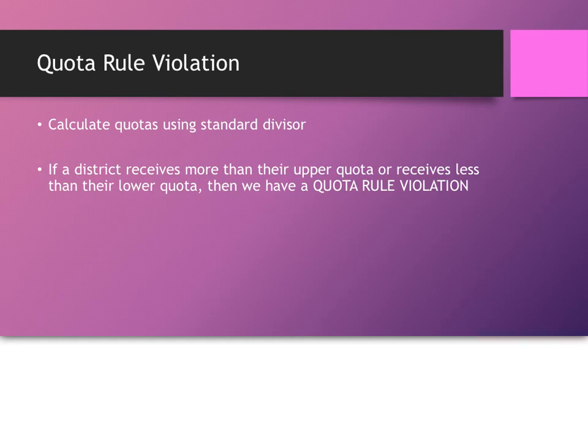And in fact, with Adams and Webster's method, it is also possible to have quota rule violations. Okay, so it is a little bit troubling using this different divisor. We could get something that doesn't fall in the bounds of our standard quotas. All right.